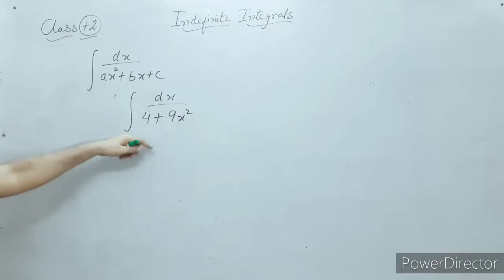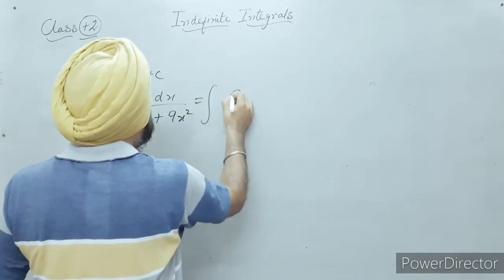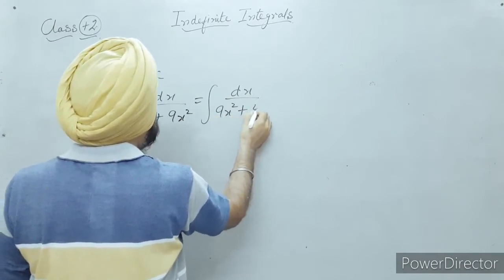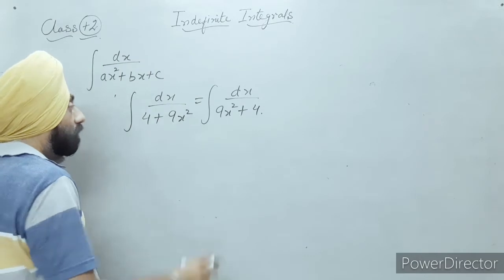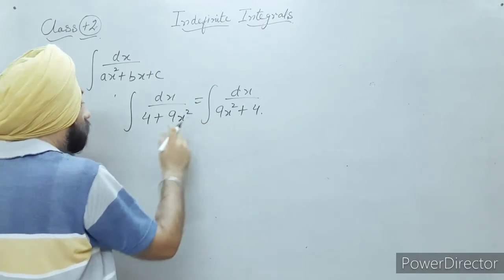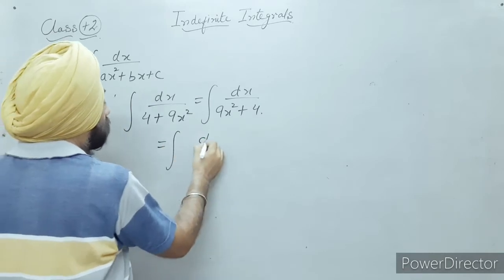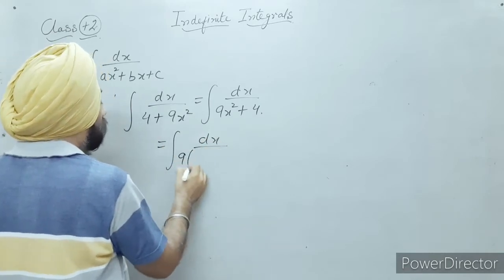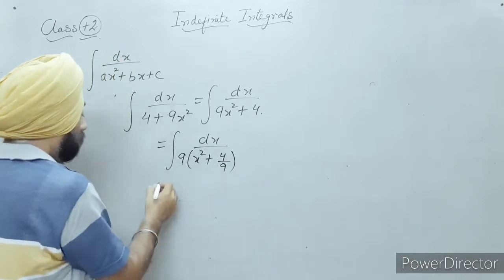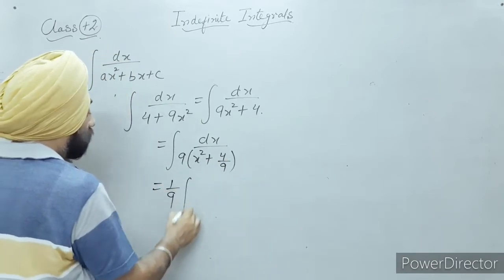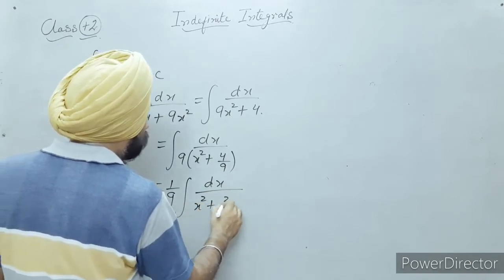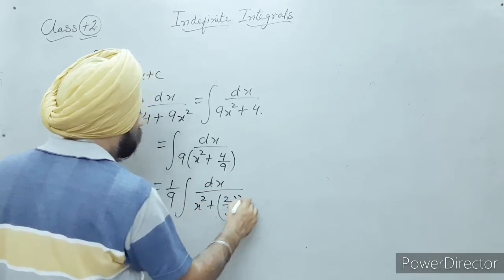Now, I can write this as integral dx upon 9x square plus 4. Now, I have to make the coefficient of x square unity. So what I will do? I take 9 common from here, x square plus 4 by 9. So I get 1 by 9 dx upon x square plus 2 by 3 its whole square.